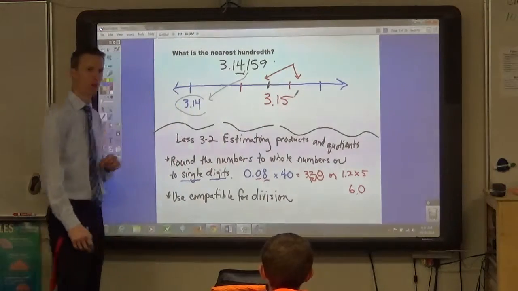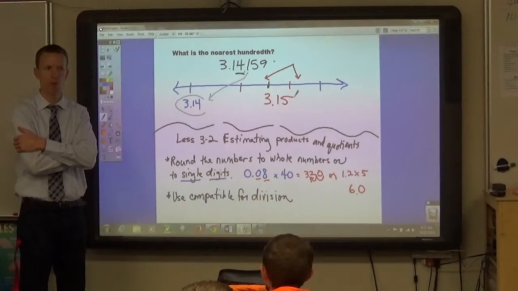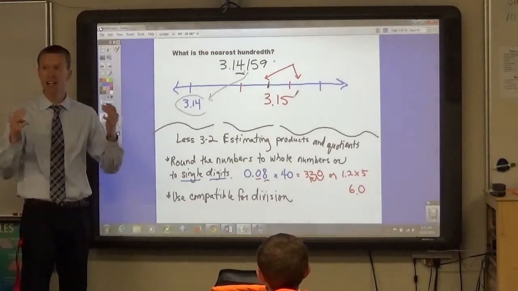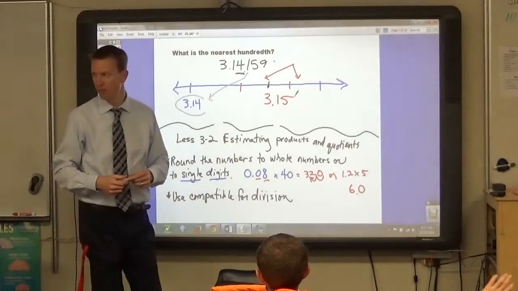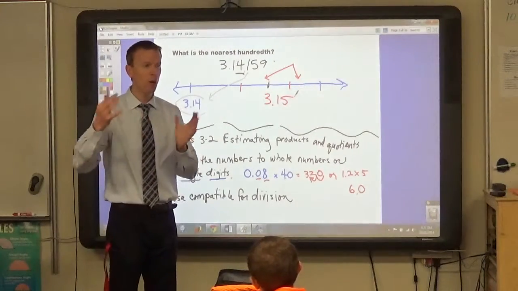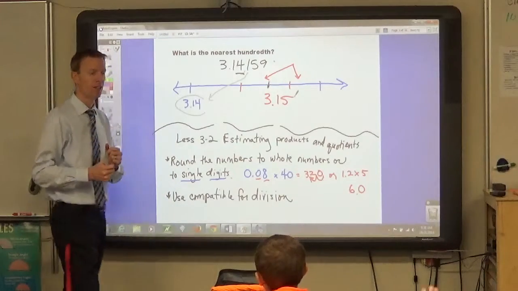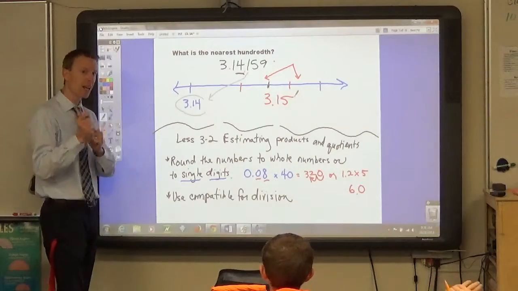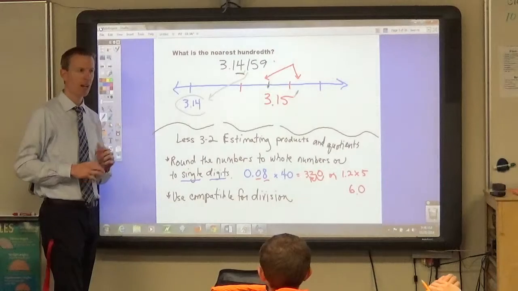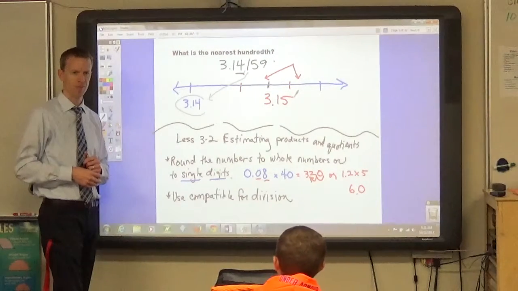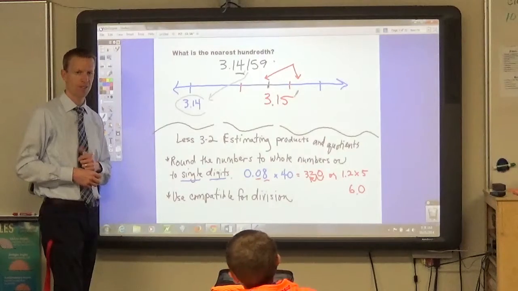Are there numbers between 3.14 and 3.15? Yeah, in fact, there's an infinite number of numbers between those. The numbers just keep going on and on. They get smaller and smaller increments, more precise. But how do you find those numbers?